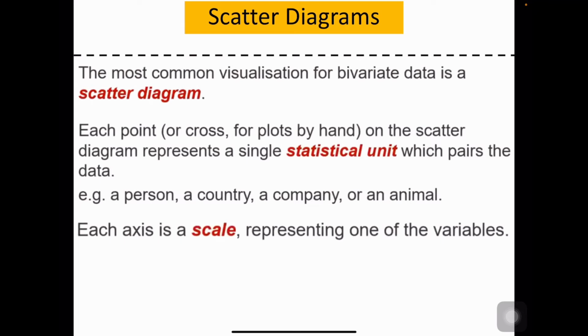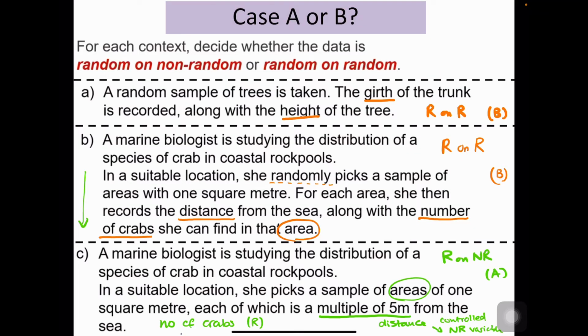Scatter diagram. So the most common visualization for bivariate data is a scatter diagram. Each point on the scatter diagram represents a single statistical unit which pairs the data. So for example, on the previous slide, our statistical unit was, for the first example, a tree.